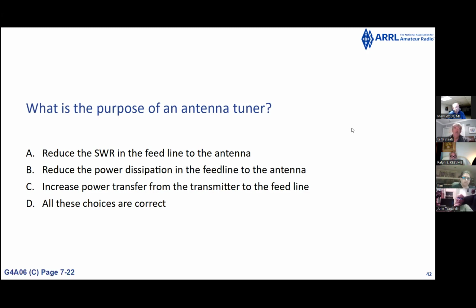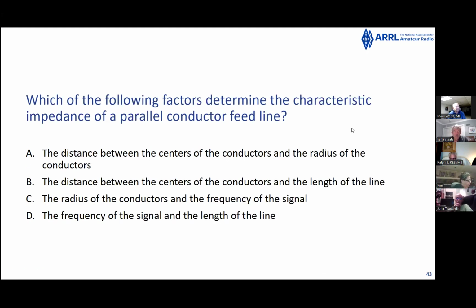C, increase power transfer from the transmitter to the feed line. Which of the following factors determine the characteristic impedance of a parallel conductor feed line?